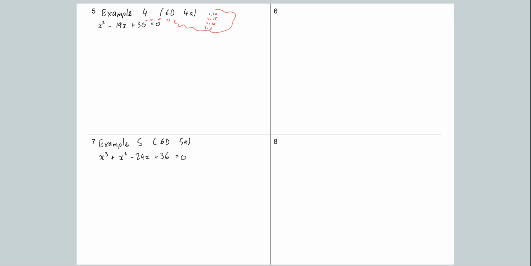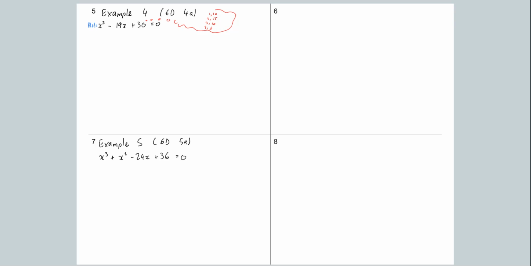So if I start off by setting p of x equal to x cubed minus 19x plus 30, I can now just start using values. And by the way, you have to use positives and negatives here because you may end up with a negative times a negative equaling a positive.